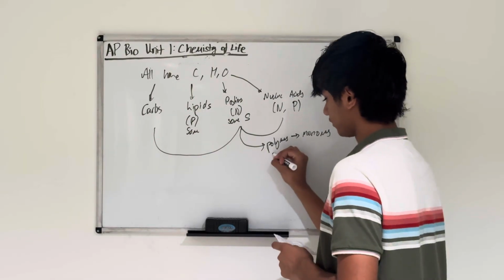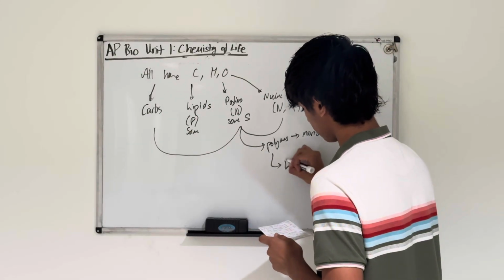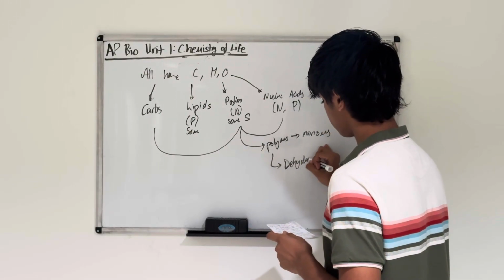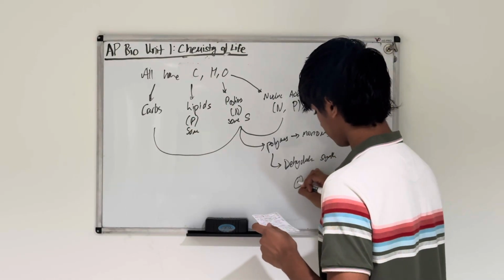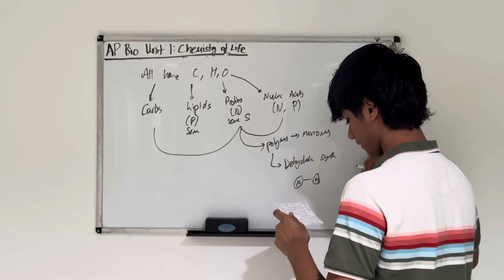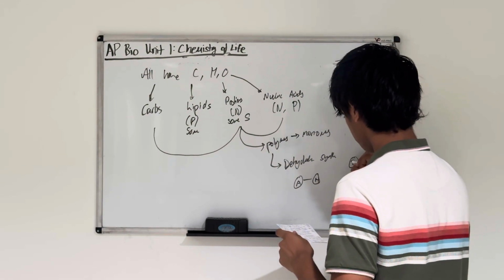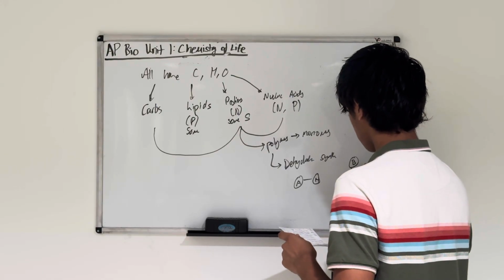The way we construct these polymers is through a process called dehydration synthesis. Dehydration synthesis is a process where, let's say we have some molecule A here with a hydrogen attached, and we have another molecule, called molecule B, attached to a hydroxyl group.